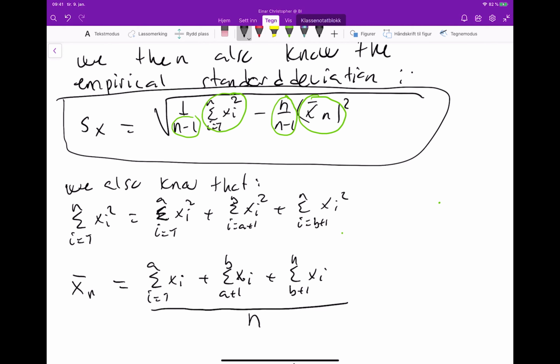That we know. That's equal to the sum of all the x i's divided by n.